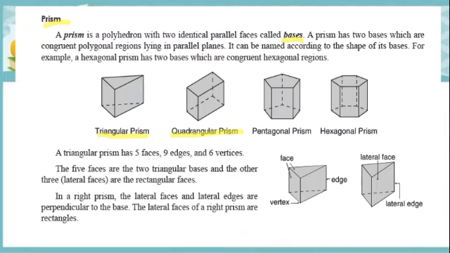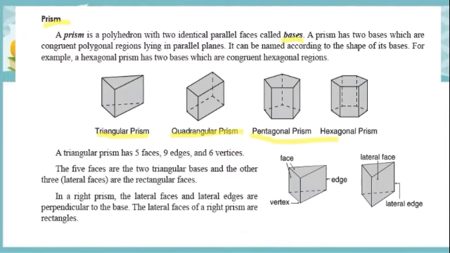Another is pentagonal prism. So, when we say pentagonal prism, ang iyahang base na ay 5 sides. So, muna gitawag na to siya pentagonal prism. Okay? Next is hexagonal prism.